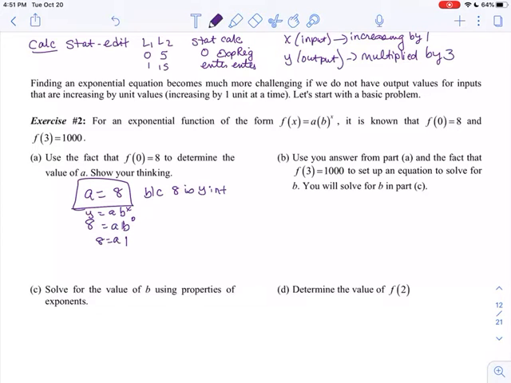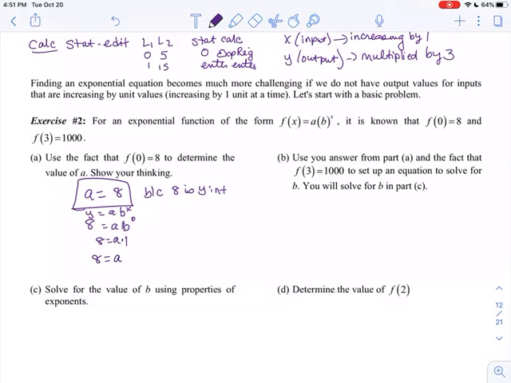And b is, I don't know, but x is going to be 0. Anything to the 0 power is 1. So you can see how I'm just solving for this, and to get a by itself, a is just 8. But we already knew that just thinking about it logically.